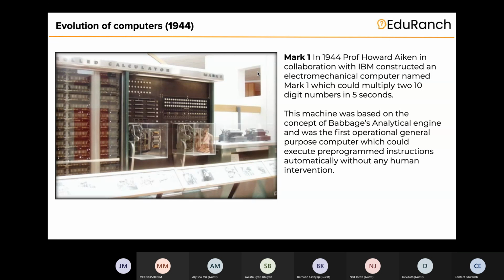In 1944, the Mark I was the first electrical based computer, which was constructed in collaboration with IBM. It could, for example, multiply two 10-digit numbers, which is very easy for today's mobiles to do. At that time, this was a very large electrical computer which could do very simple multiplication and division in a few seconds, right?